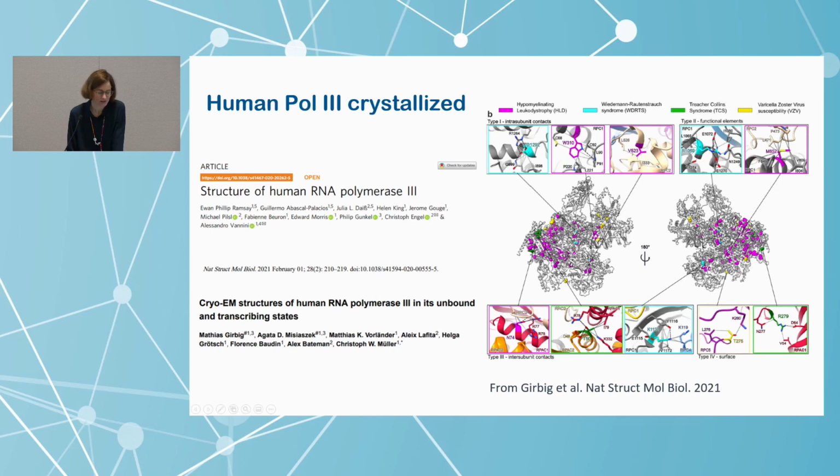You see that some variants seem to cluster in some parts of the protein. Especially the Treacher-Collins variants caused by POLR1C variants. You have this varicella zoster virus susceptibility, which gives you a very severe varicella zoster infection.